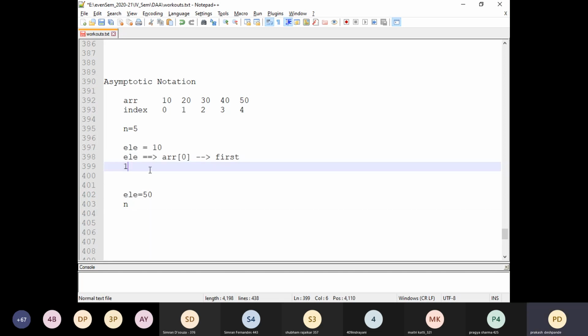For which particular element was the runtime of the algorithm quickest? Was it for the element 10 or the element 50? Element 10. So element 10 means when the instance characteristic was the first element, then this algorithm was at its best.